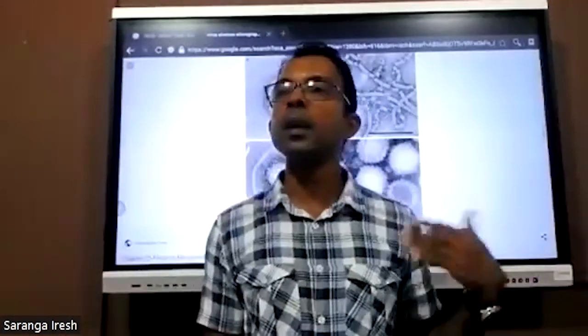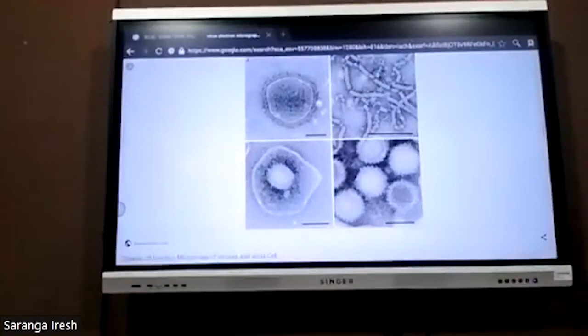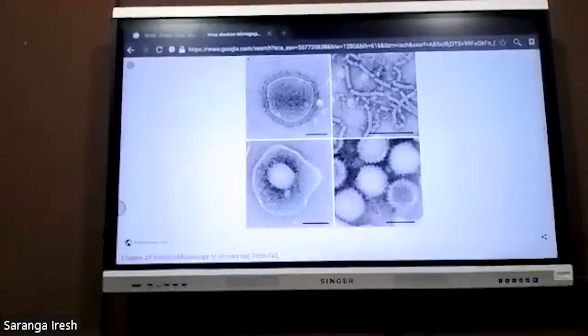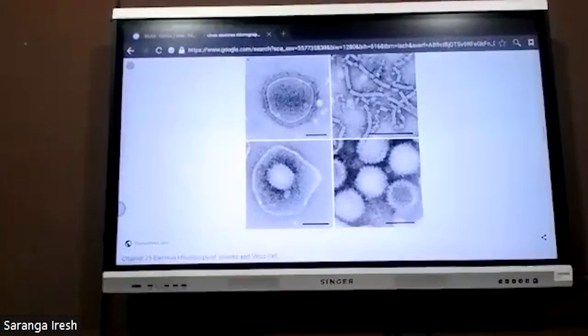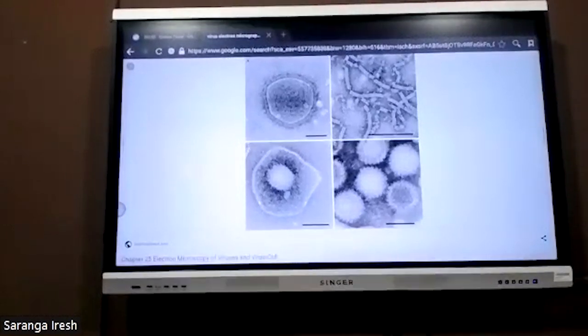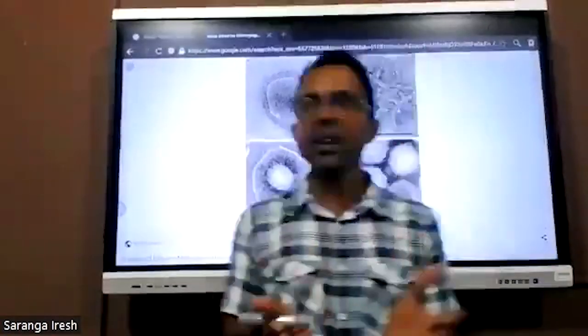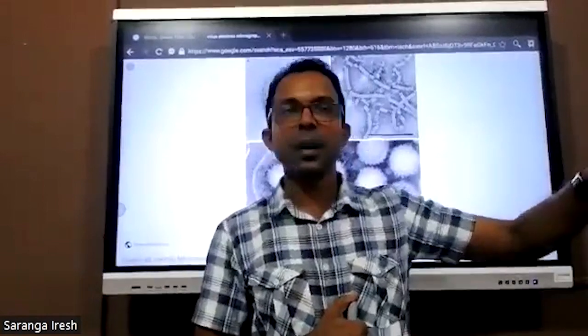They could not identify any organism inside the leaves, no harmful organism, no bacteria, nothing. So what they did was take the leaf juice. They collected the leaves, crushed and ground them, and took the juice. They applied that leaf extract on the healthy leaves of other tobacco plants. What happened?